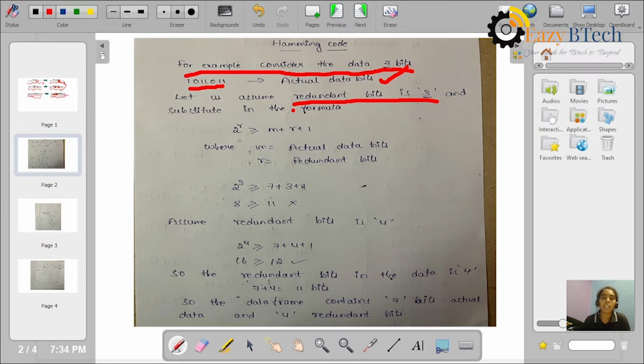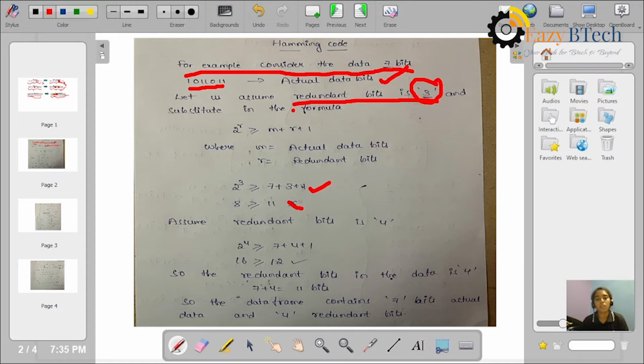I calculate with the formula 2^r >= m + r + 1, where m is the actual data bits and r is the redundant bits. So 2^3 >= 7 + 3 + 1. 2 cubed is 8, and it should be greater than or equal to 11.